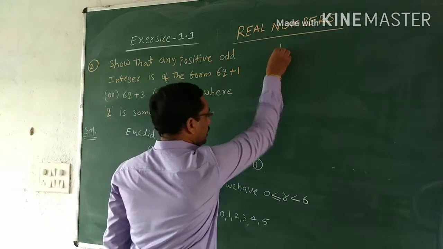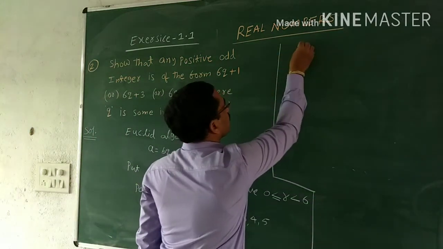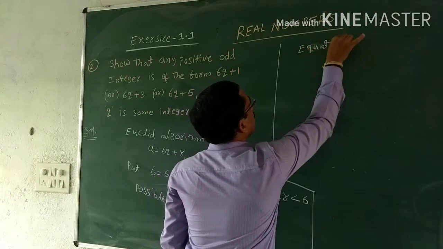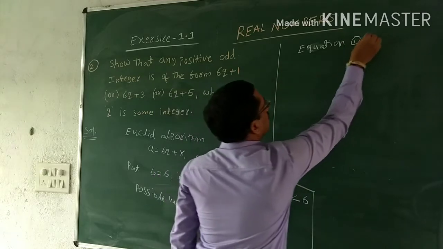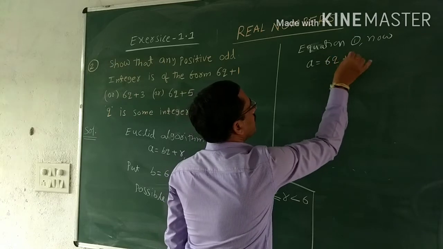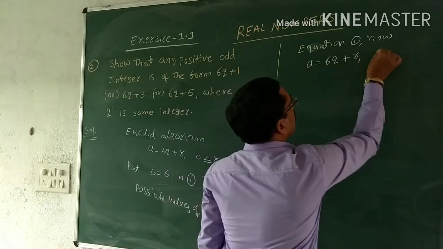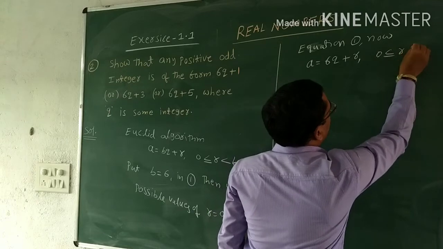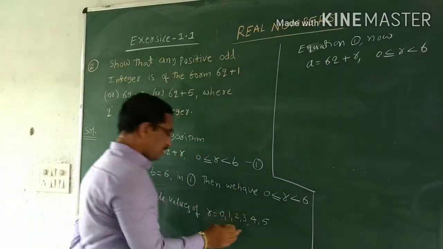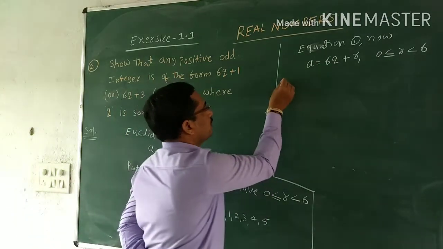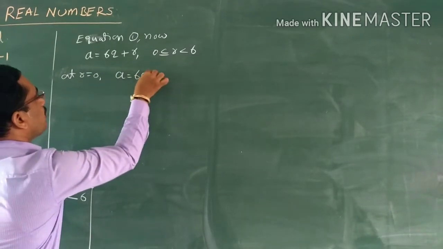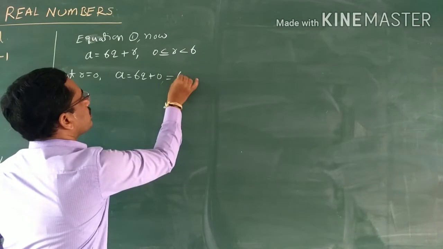Now see, what is equation 1 now? Equation 1: a equal to 6q plus r, where 0 less than or equal to r less than 6. Now we start with r equal to 0. These are the possible values. We have to discuss each and every value. r equal to 0: a equal to 6q plus 0, then it is equal to 6q.